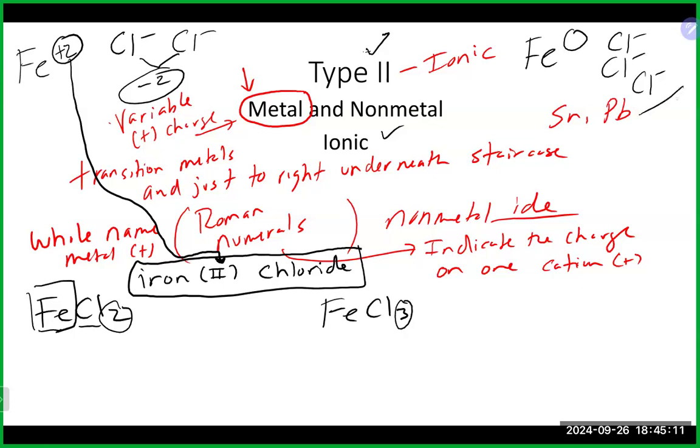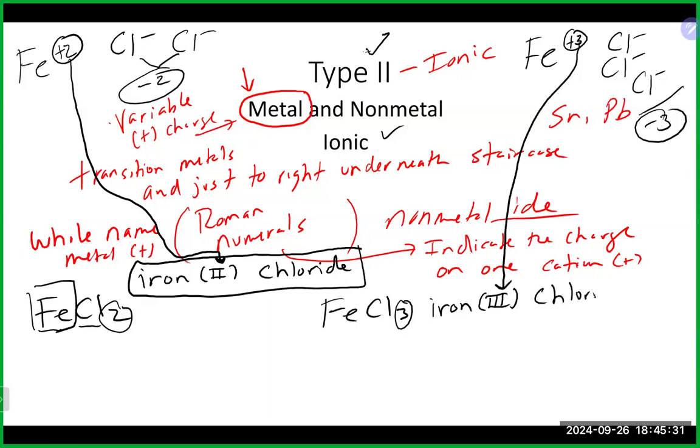That gives us a grand total of -3. That means in this case, our iron actually is the iron with a +3 charge. And that means that this guy's name would be iron Roman numeral 3, again, because of the charge, and still chloride.